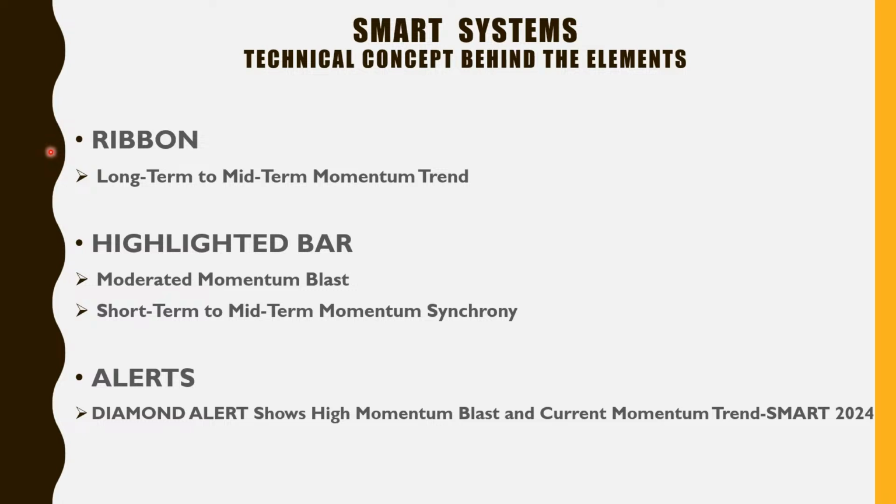All of our previous alert systems provided a ribbon only related to price trend, but in this case, we developed a smart momentum ribbon algorithm to detect the beginning as well as the continuation of a current momentum trending situation. So in short, the new SMART 2024 ribbon is an extremely sensitive long-term to mid-term momentum trend indicator. I mean, the ribbon is a strategic indicator.